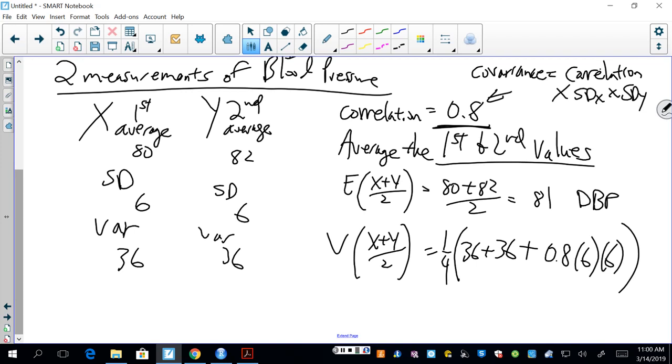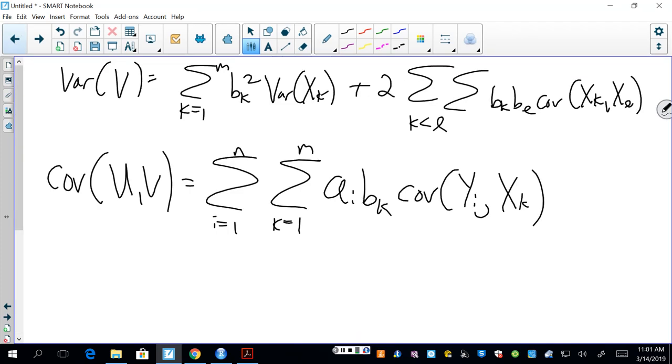Shouldn't the covariance part be multiplied by 2? Yes. Are we using correlation or covariance in the second part? The correlation figures in there, but it's covariance that gets added in. In these previous formulas, this was always supposed to be your B, the covariance.